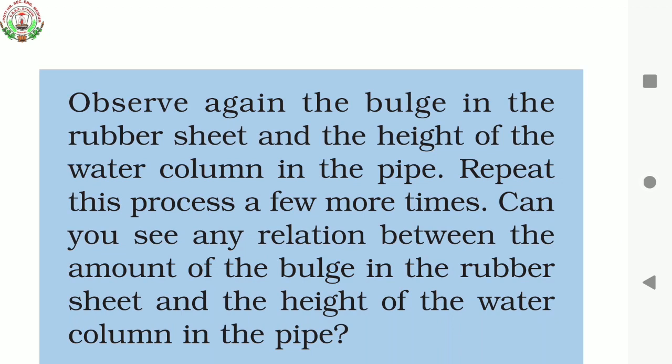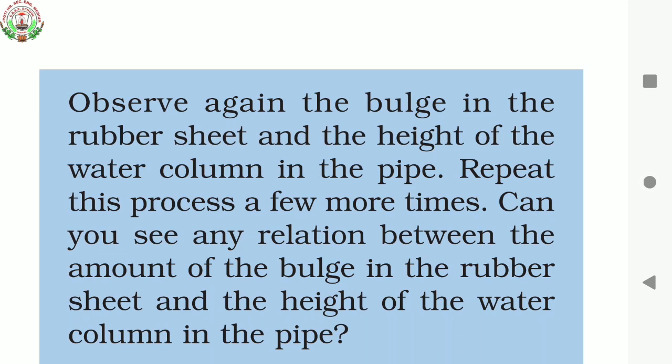So from this activity, we can understand that pressure exerted by water at the bottom of the container depends on the height of its column, which means as the height of the water column increases, the pressure exerted by the water at the bottom also will increase.